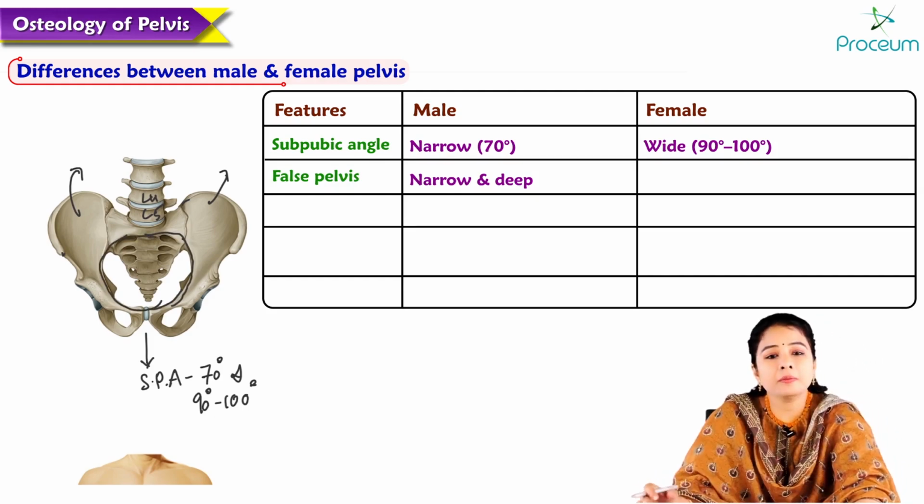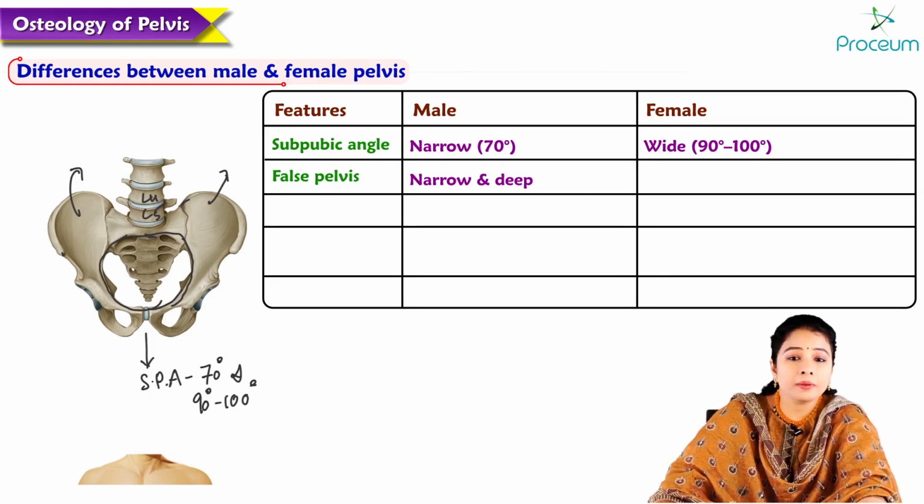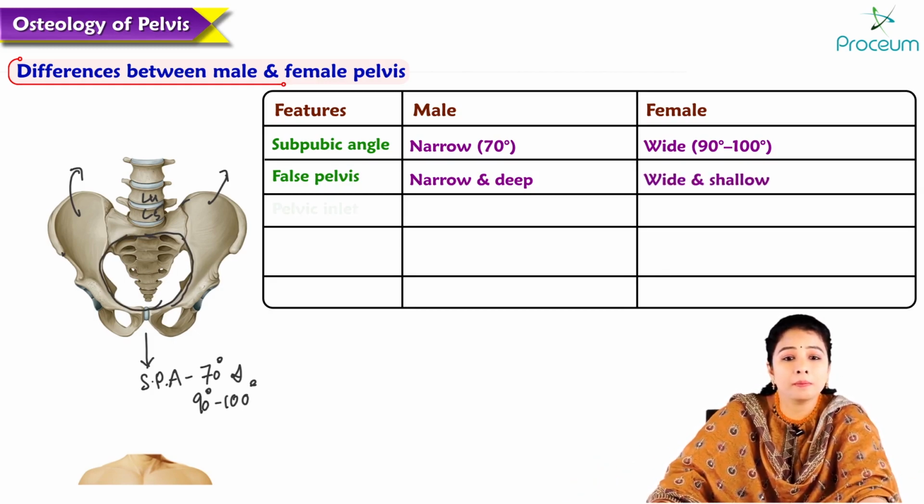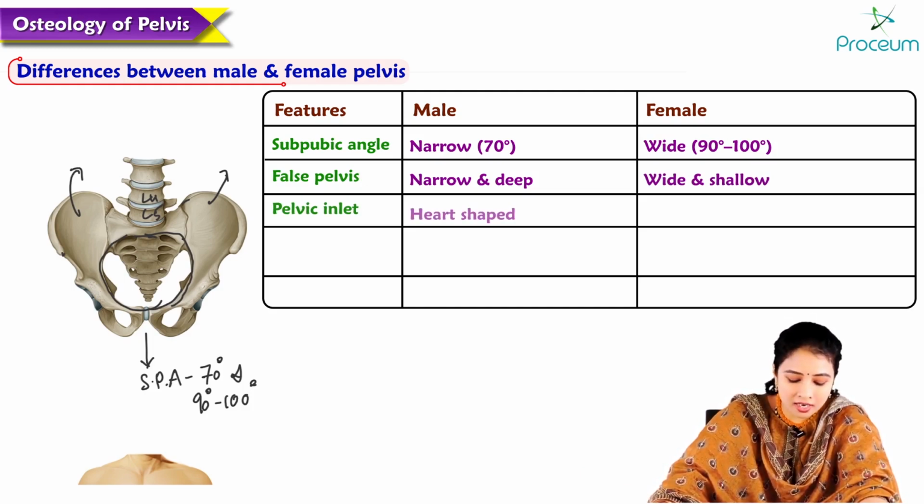So this part, the greater pelvis, is narrow and deeper in males, and it is wide and shallow in females. Pelvic inlet is mostly android type in males, which means it is heart shaped.